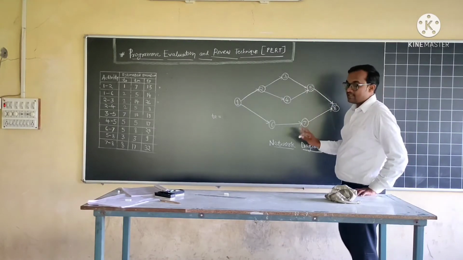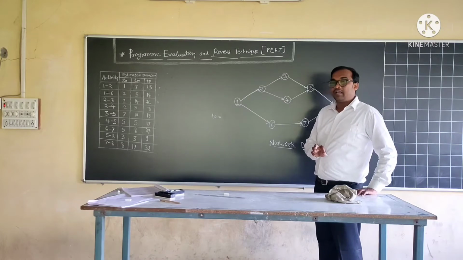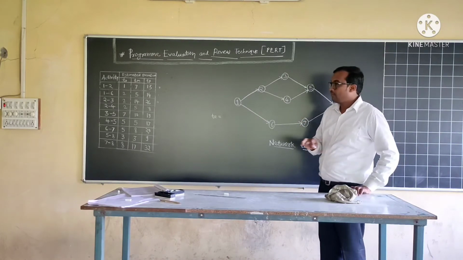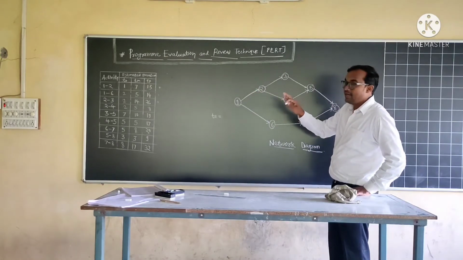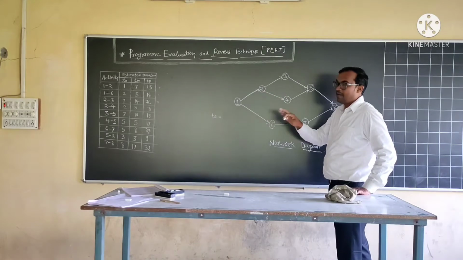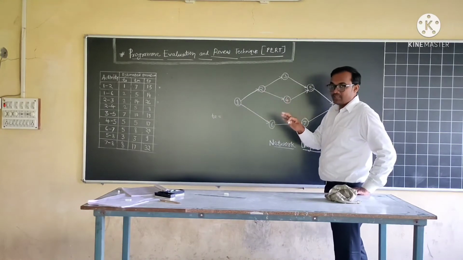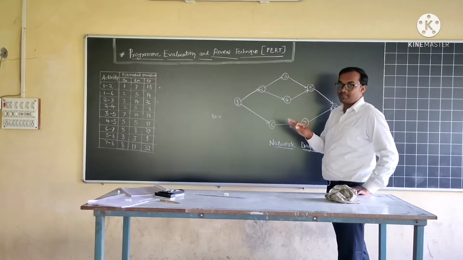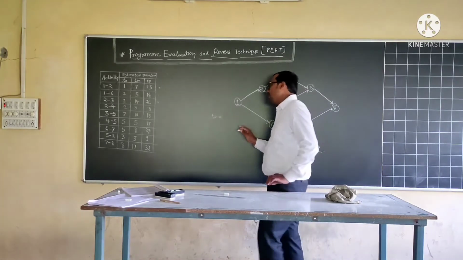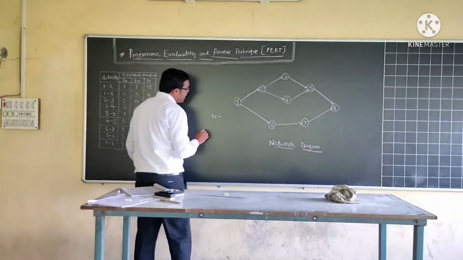But in this case, unlike CPM, the time required for the completion of an activity is not directly given. TO, TM and TP values are given, that is optimistic time, most likely time and pessimistic time. Depending upon this data, we first have to find the expected time.